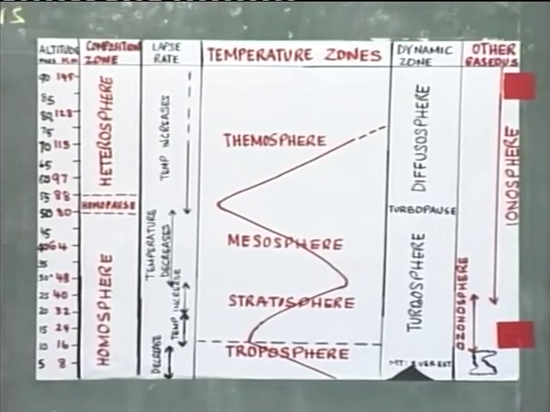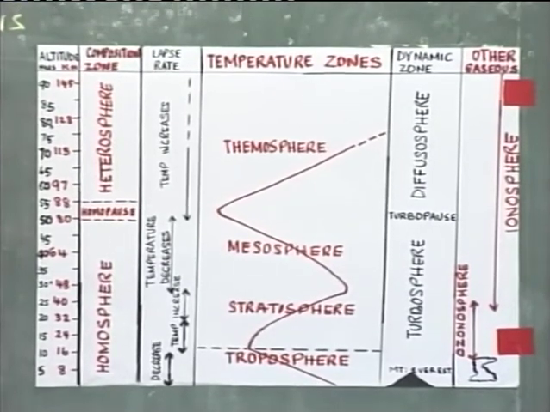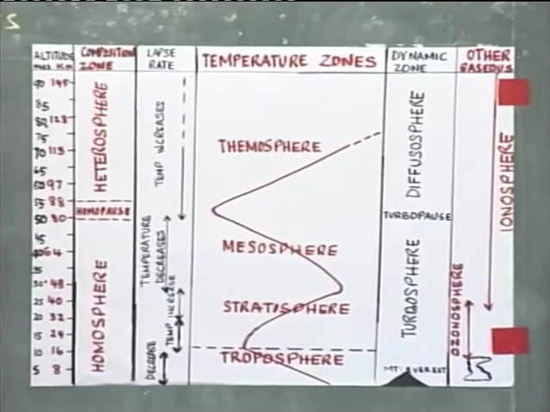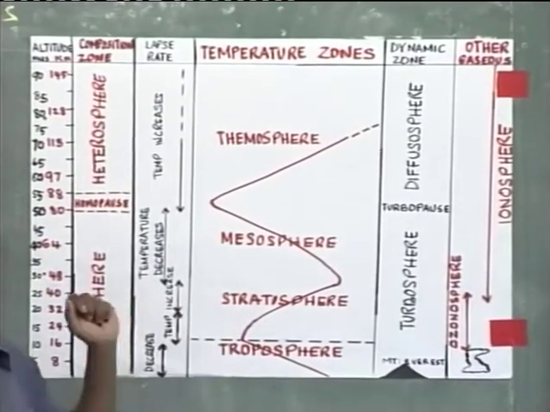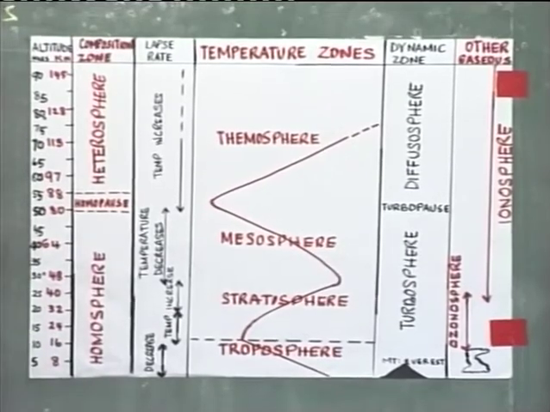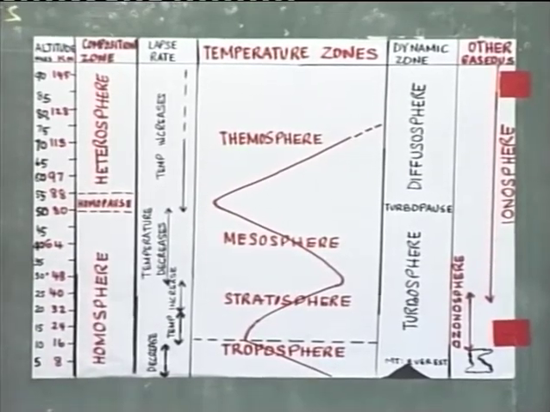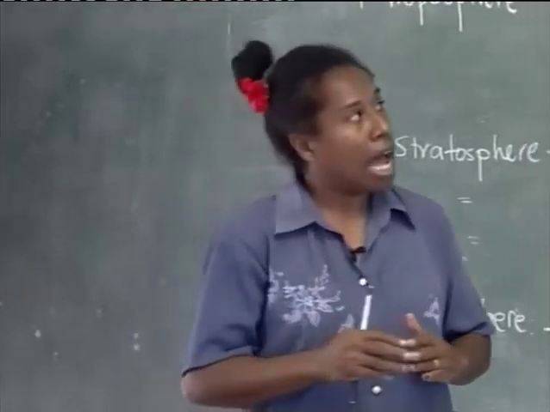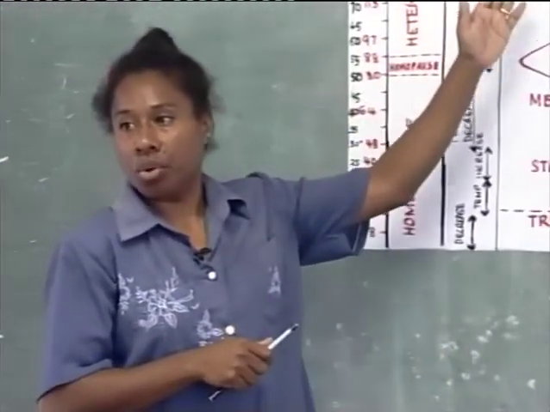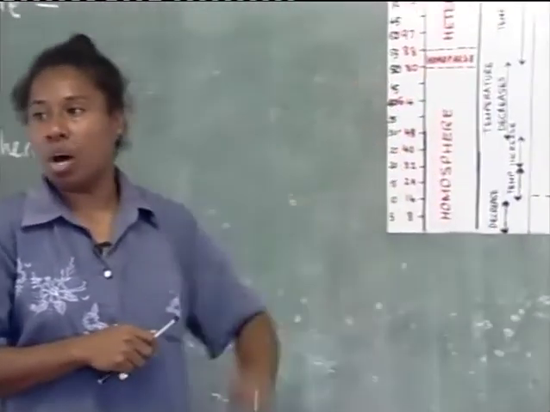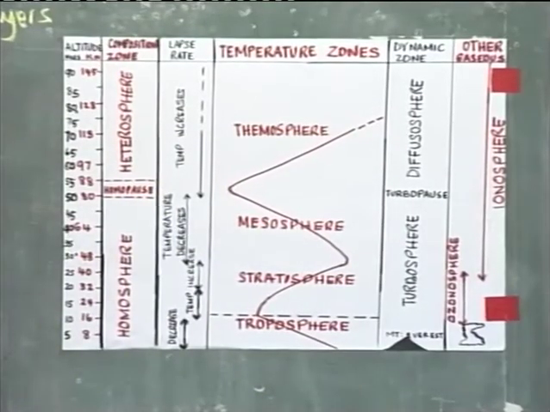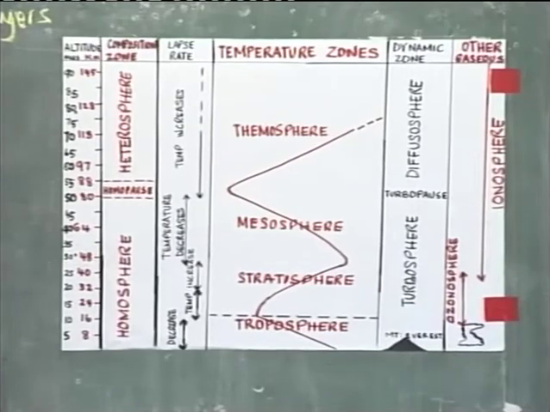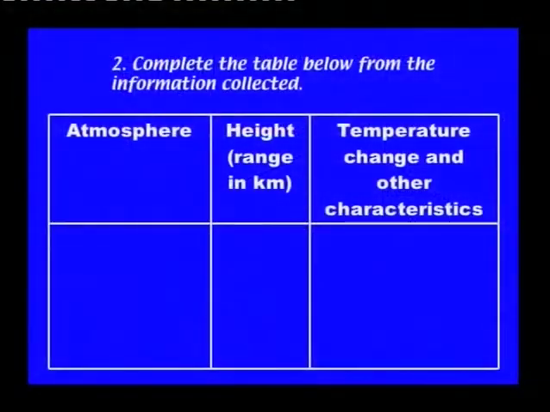Today, I'd like us to move on to looking at some of the characteristics or common features for each of those different zones of the atmosphere. We are going to concentrate mainly on 3 zones of the atmosphere according to the temperature zones. So I want you now, in your exercise book, to construct a table, and your table should look like what is presented here on the monitor.